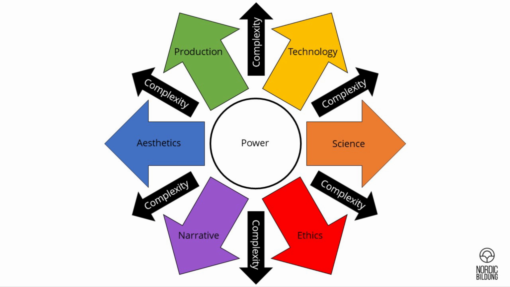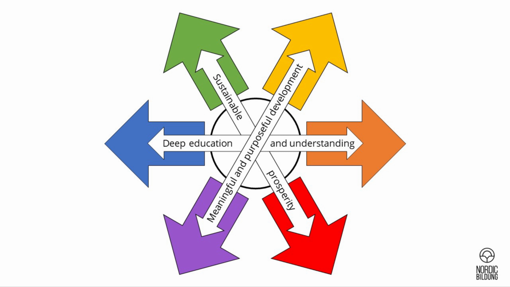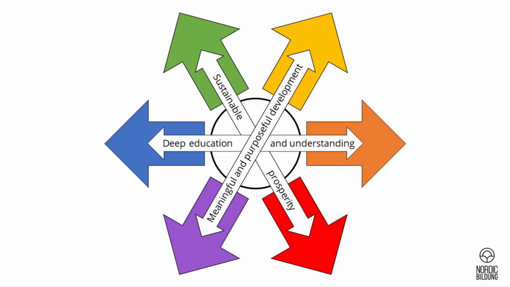But if they can figure out how to communicate, if they can collaborate around a shared society, we can have meaningful and purposeful development. And when Jeroen was talking about the AI technology and what it does to our sense of being human, that is a narrative about who we are as humans. This is the gap that we need to bridge.